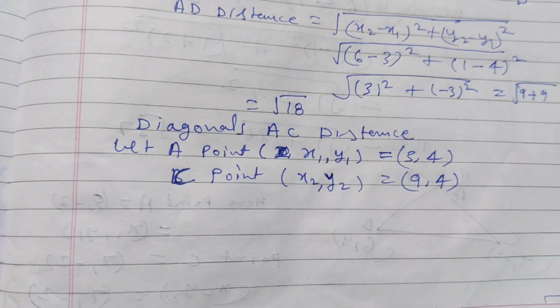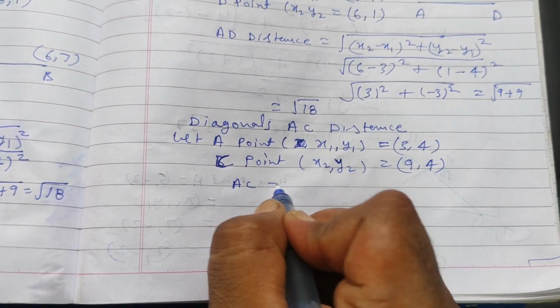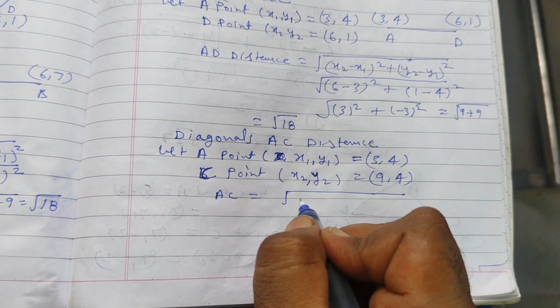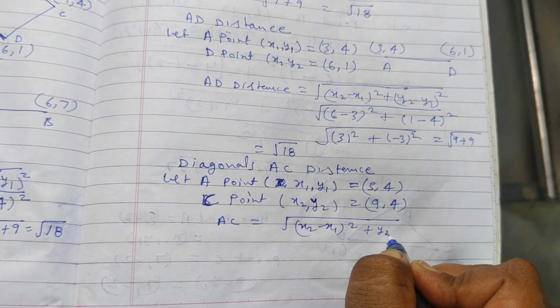So we will find the distance. AC: (x2 minus x1) and (y2 minus y1).